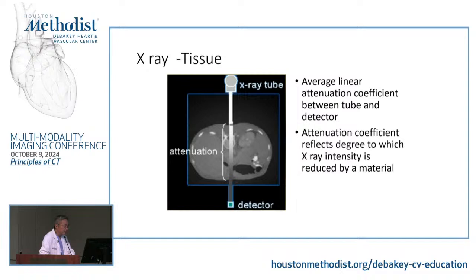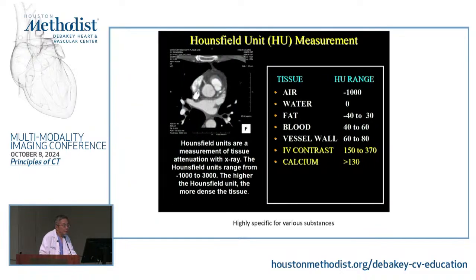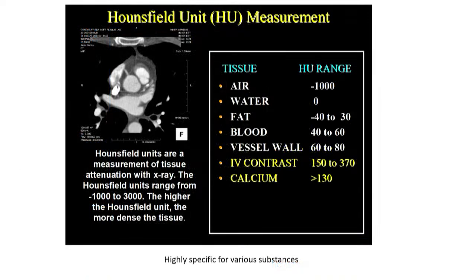As you can see, the denser the material, the more is going to be stopped. Okay? Just by convention, we use the Hounsfield unit, because Hounsfield was one of the guys who pioneered CT. So by convention, water at a certain standard temperature and atmospheric pressure will be 0, and air will be minus 1,000.